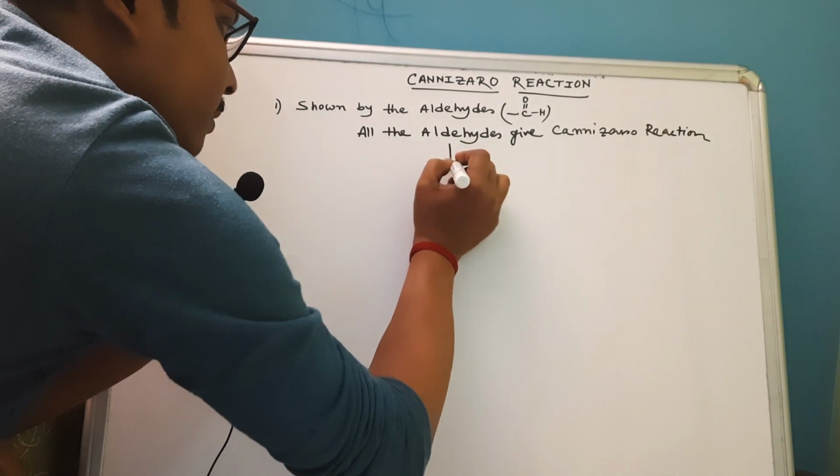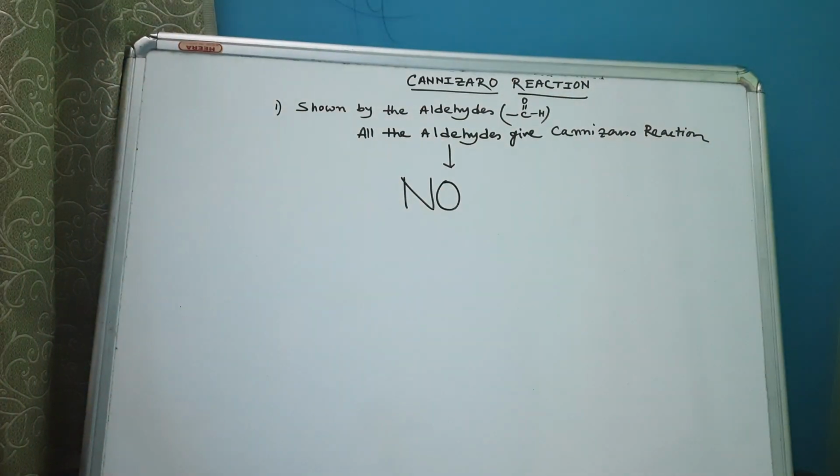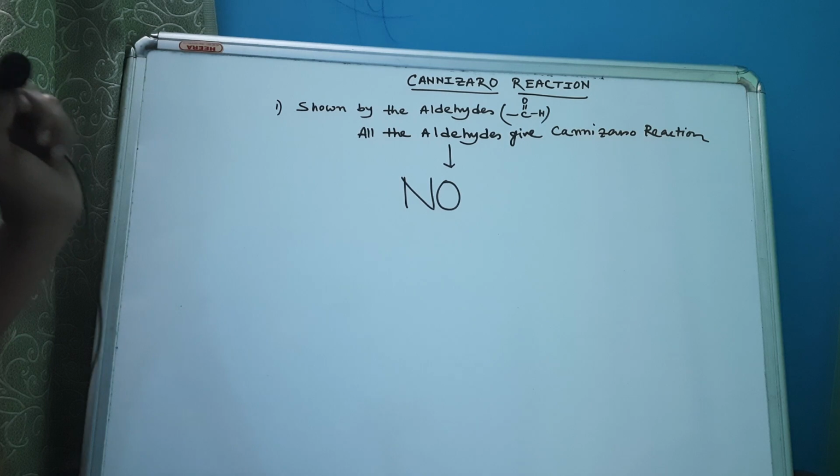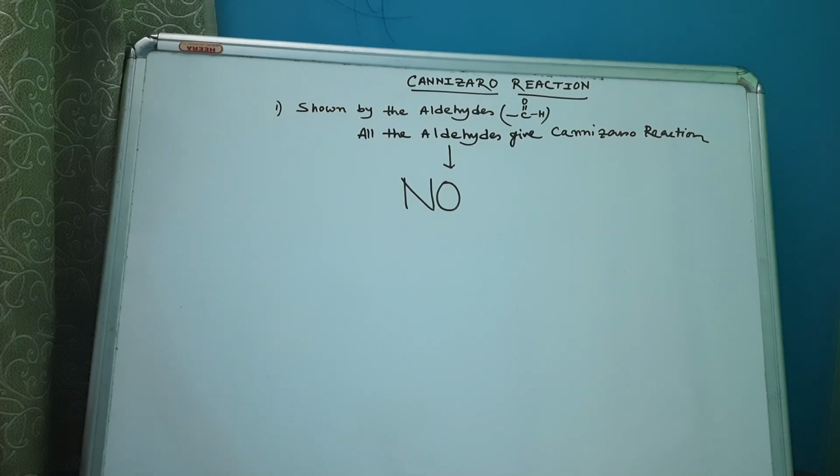The answer is no, a big no. Not all the aldehydes give the Cannizzaro reaction. So what kind of aldehydes give the Cannizzaro reaction? The aldehydes which do not have an alpha hydrogen atom undergo the Cannizzaro reaction.